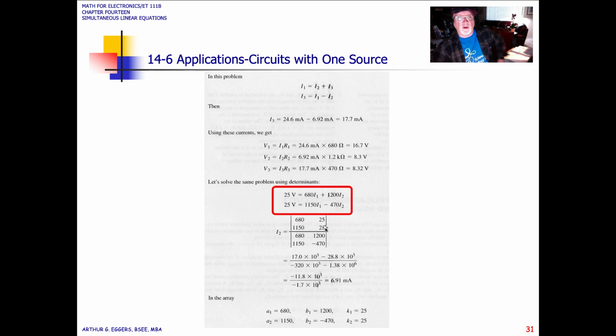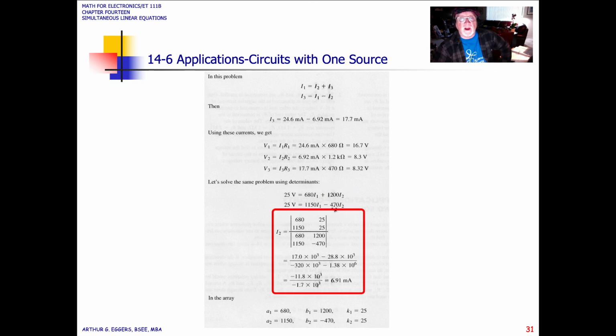So you'll have to go back again to verify the setup here for the current I2 by making sure that we have the correct values set up here. We're going to have each of these elements that we're going to pull from these two expressions. Okay, so just refresh yourself.